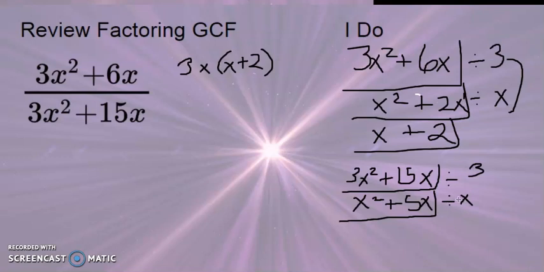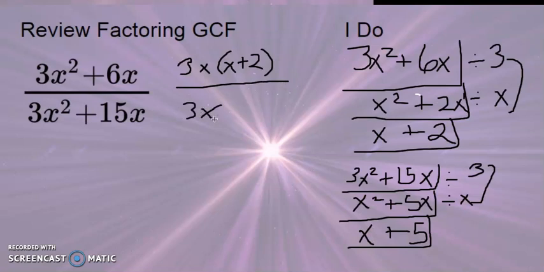The smallest degree is the first x to the first power. x squared divided by x is x to the first power, and 5x divided by x is 5. So nothing else we could take out. This is our GCF, 3x, and then we have our leftovers, x plus 5. So let's rewrite the denominator. 3x parentheses x plus 5.